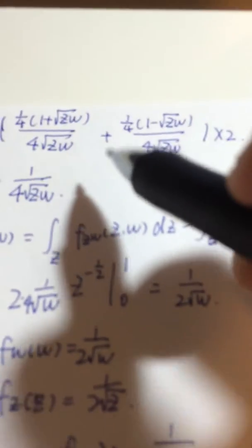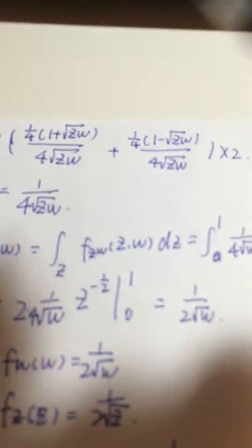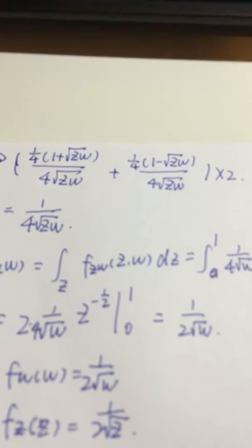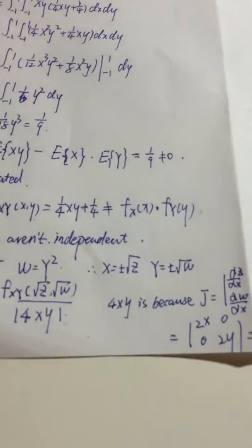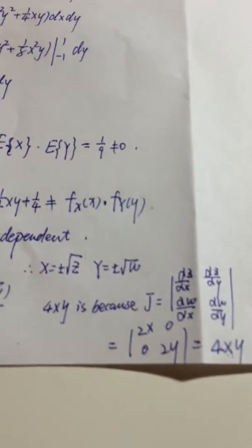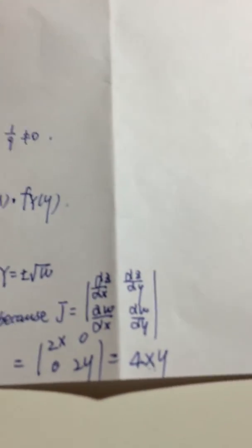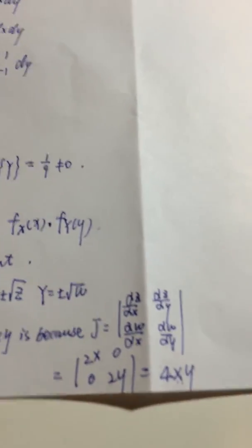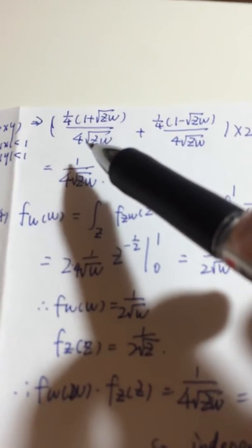So we write down the answer here. Why is it like this? Because we have 2 points of x and 2 points of y, that means 2 times 2, so we have 4 combinations, 4 points.